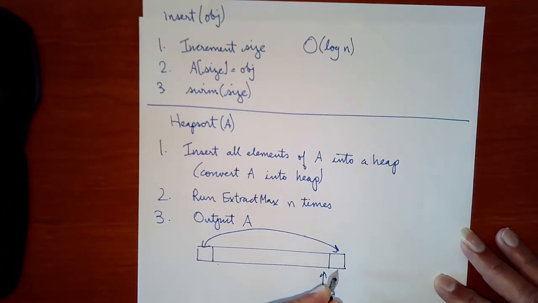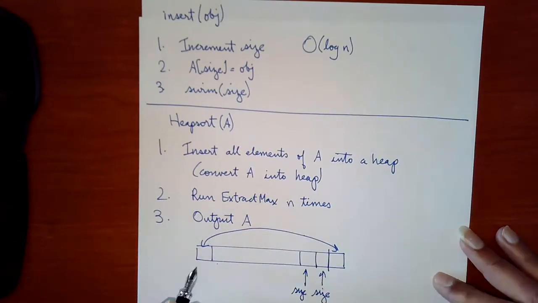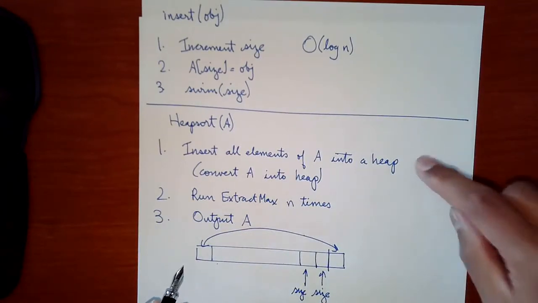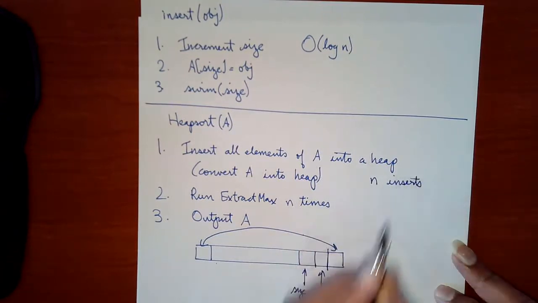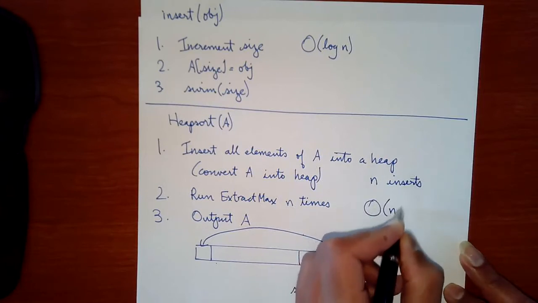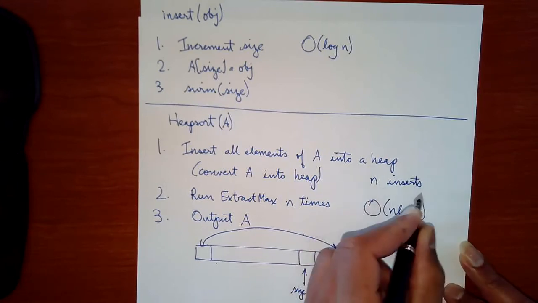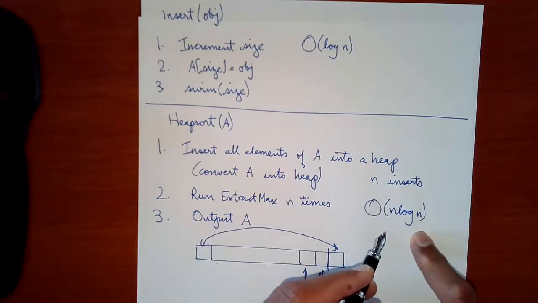But the last element is still going to be there. When you run extract max again, it's going to move whatever was the maximum to here and then decrement size, and so on and so forth. So when you run extract max n times, you end up with a sorted array. So this is n inserts, and this is n extract maxes, and the total runs in O of n log n, because there were n inserts, each being log n, and n extract maxes, each being log n.